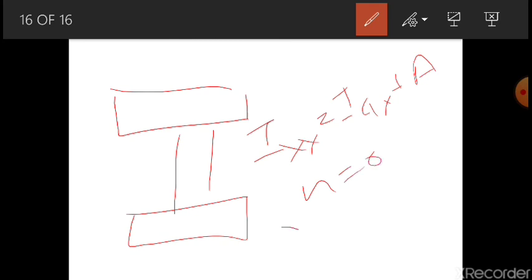Why? Because y bar minus y will be 0, in the case where your x axis is symmetrical. If your y axis is symmetrical, then your x bar minus x will be 0, so the formula will be only Ig.